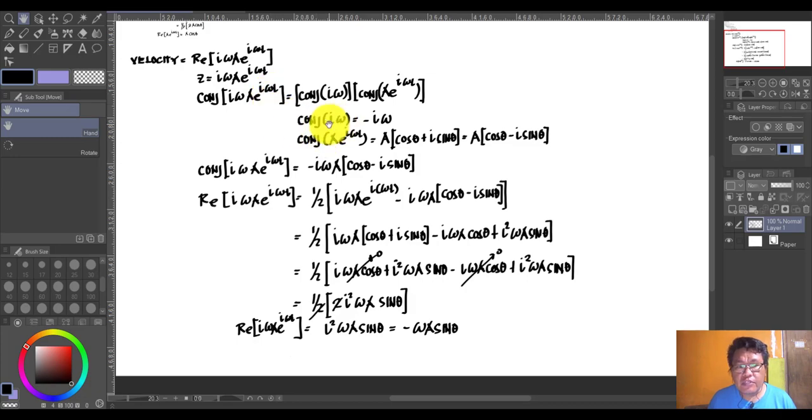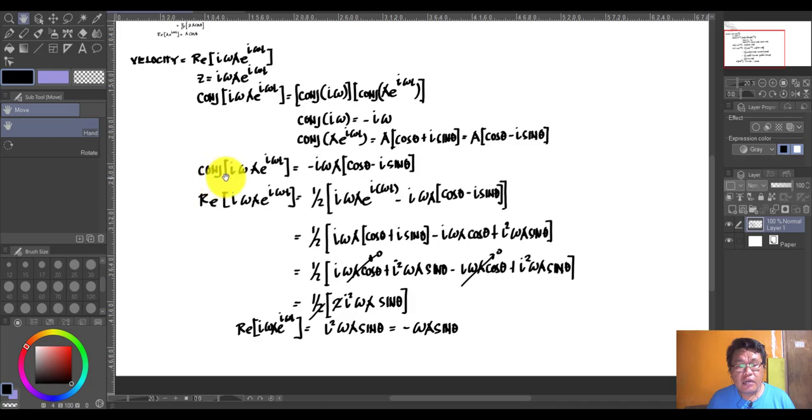Now for the conjugate of i and angular velocity, it will become a negative. And for this one, since our e is equal to cosine of theta and sine of theta, usually we have your negative, it will be changed to positive. We have a positive, then we're going to change it to -1.